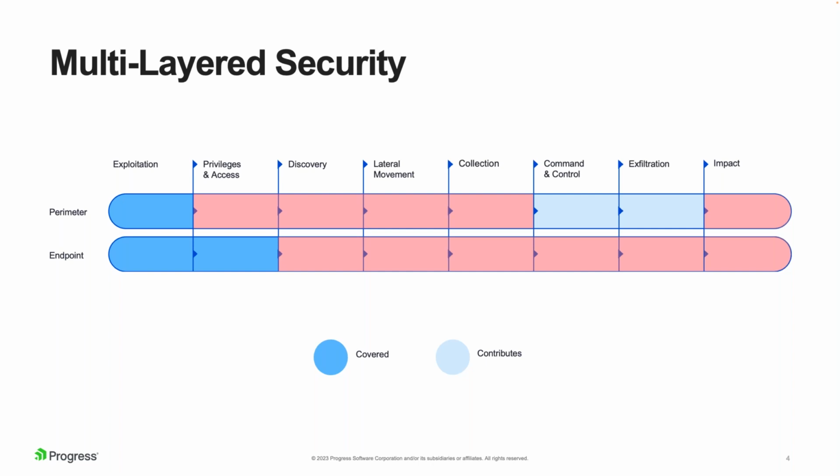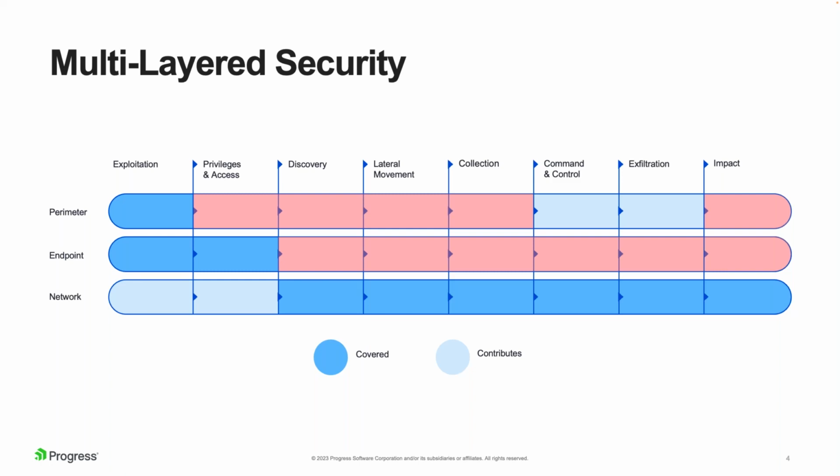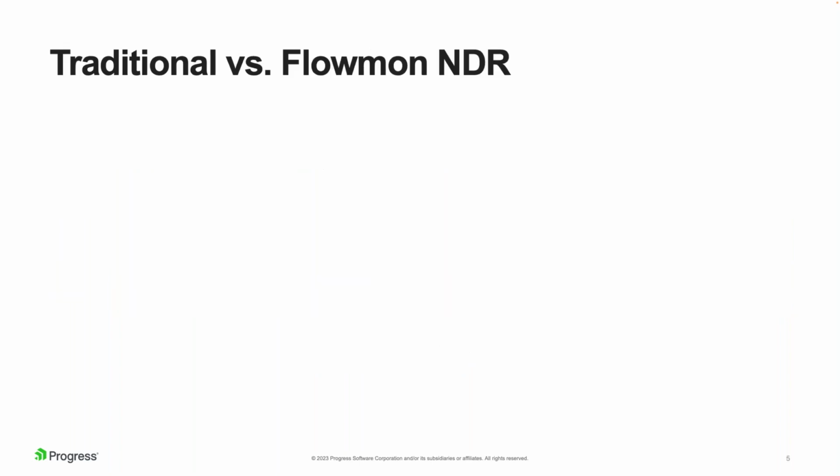What's important to see is that network detection and response, or basically monitoring the network, can nicely cover the majority of these MITRE ATT&CK tactics, or stages of the life cycle, and contributes to the others that are covered by perimeter and endpoint.